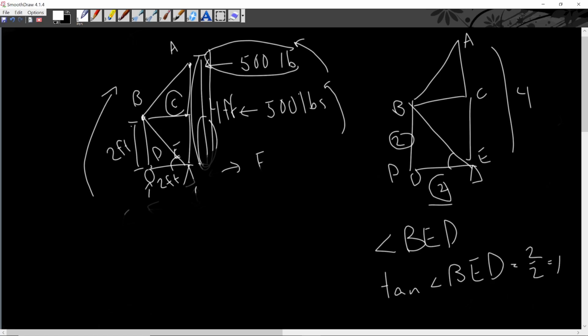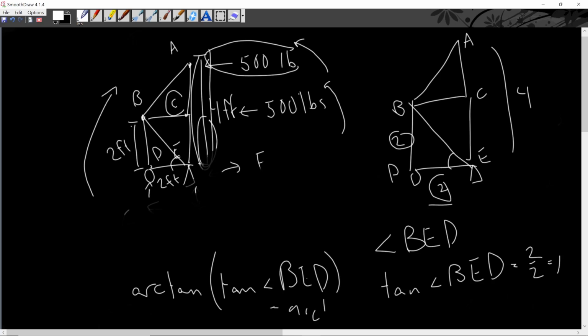And now if you did arctan on both sides, BED equals arctan of 1. Well, the arctan and tan cancel out. Those are 2 inverse operations. So you're left with the actual measure of BED.